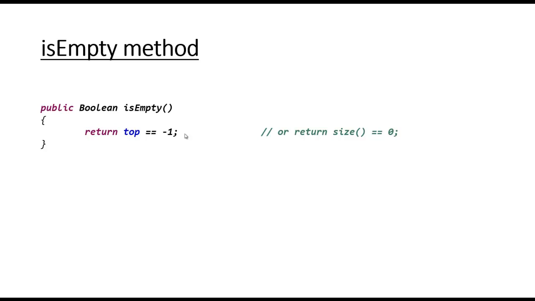Because if we push any element into that stack, we will increment the top value, and then it will not be equal to -1. So it will return true or false based on whether the stack is empty or not.